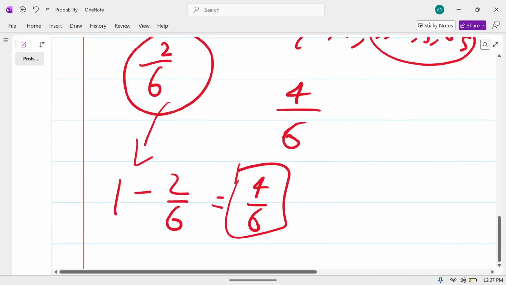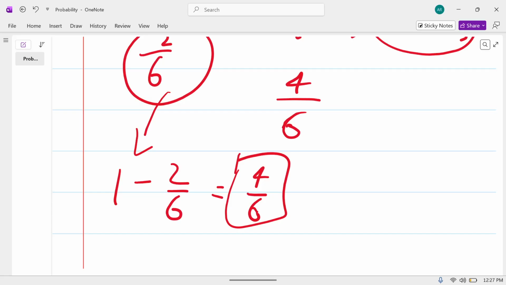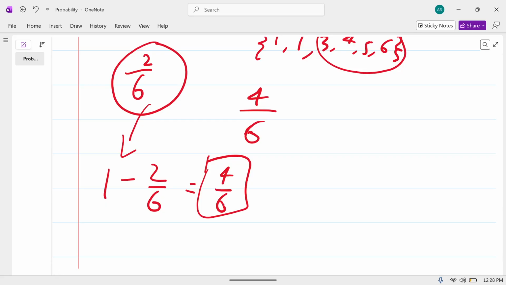If you have the probability of the main event, then you can easily calculate the probability of the complement of the event by just subtracting it from 1. Why? Because the total probability is 1. So if you take away the main probability, then all you're left with is the probability for that event not occurring. That's what I'm trying to say.